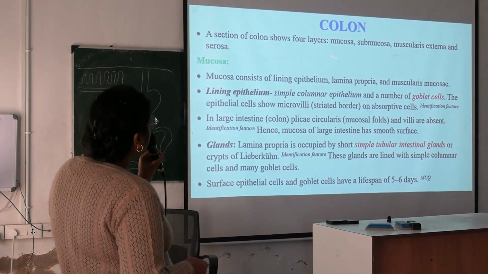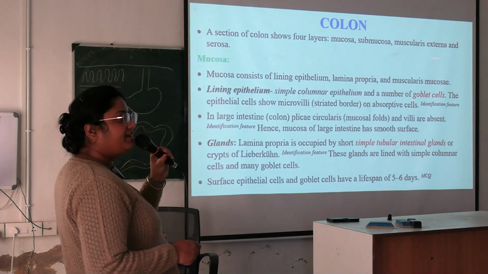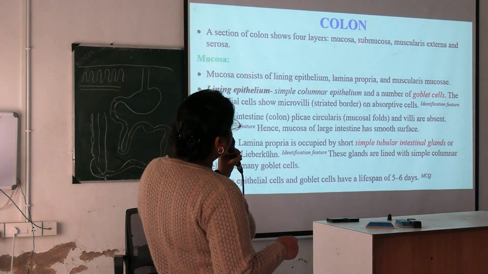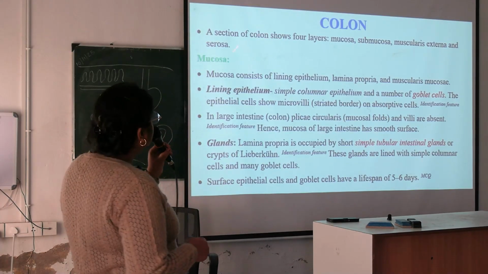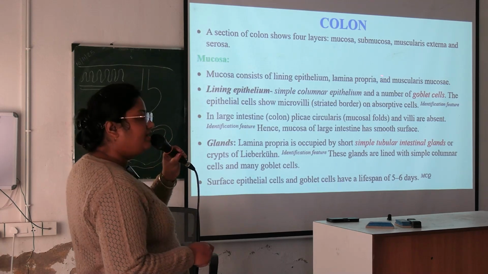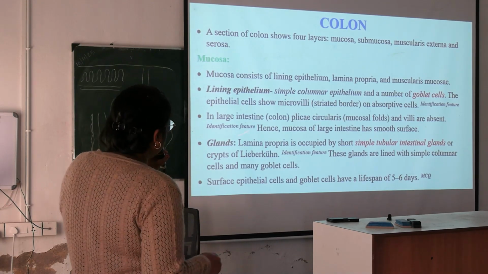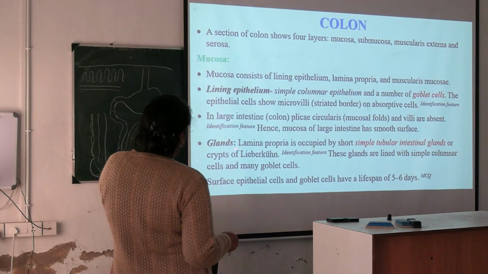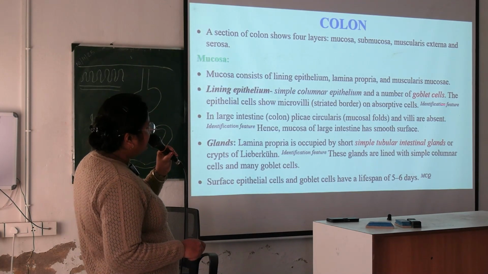Next we are going to the colon. A section of colon shows four layers: mucosa, submucosa, muscularis externa and the serosa. Okay, mucosa consists of three layers: lining epithelium, lamina propria and muscularis mucosa. Lining epithelium is simple columnar epithelium with a number of goblet cells.